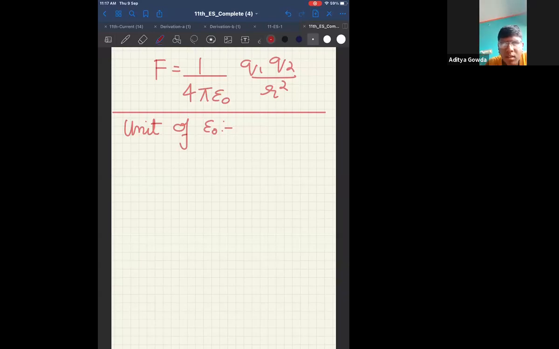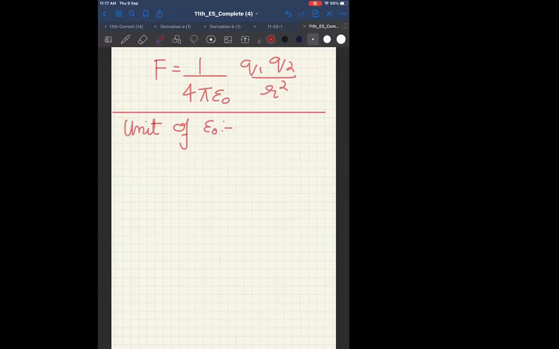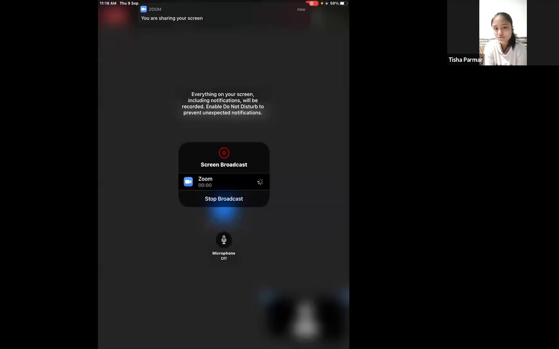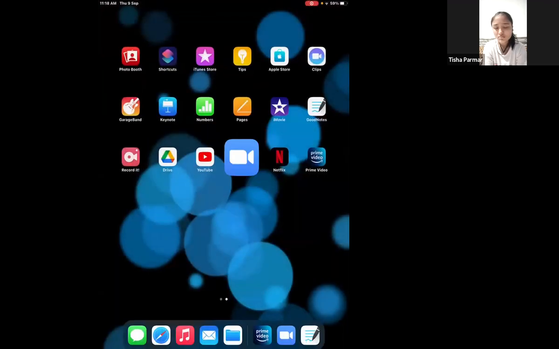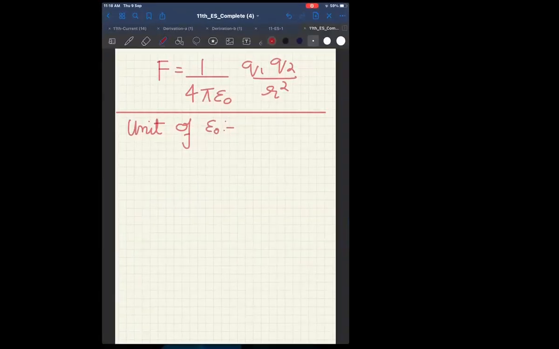Sir, Coulomb per Newton meter. No, but almost there. Not correct, but almost correct. Coulomb square upon meter square Newton. Okay, one answer correct.